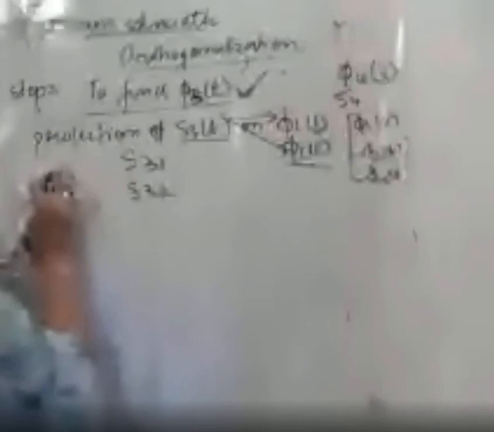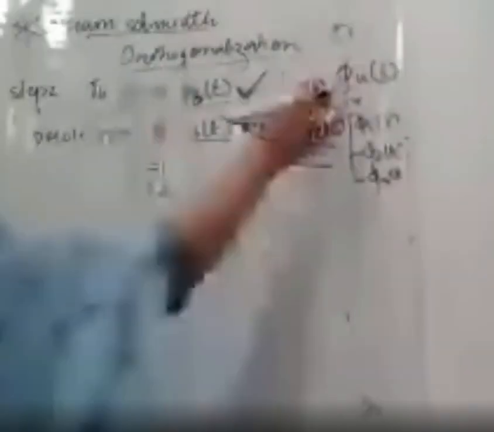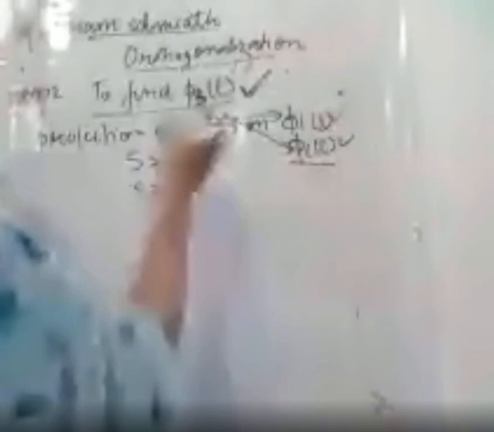ഓക്കെ, സോ നമ്മൾ ഈ ഒരു കേസിൽ 5 പ്രൊജക്ഷൻസ് which we have already found using the equation. So S31, S32.